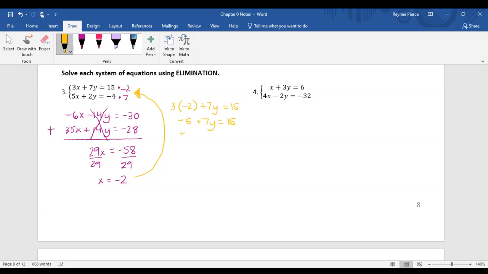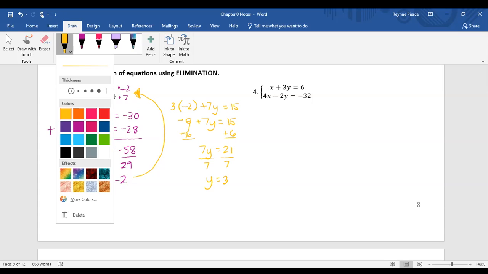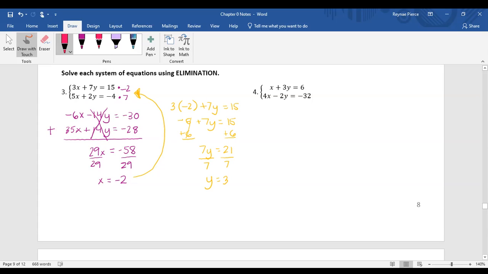I'm going to add 6 to both sides. On the left, I'm left with 7y. 15 plus 6 is 21. Divide both sides by 7, I get my y value to be 3. So my answer will be in the form negative 2 because that's my x value, 3 because that's my y value.